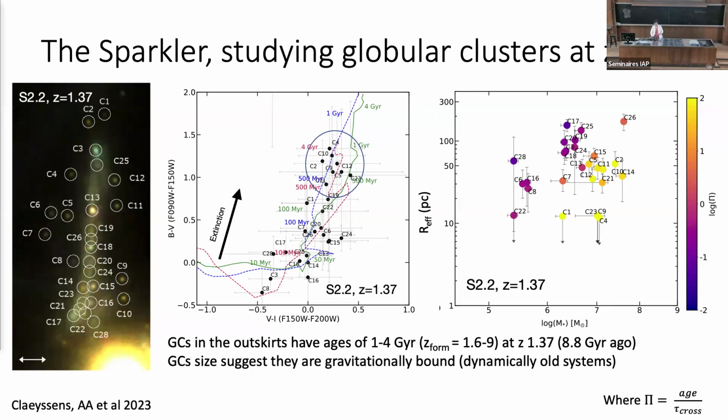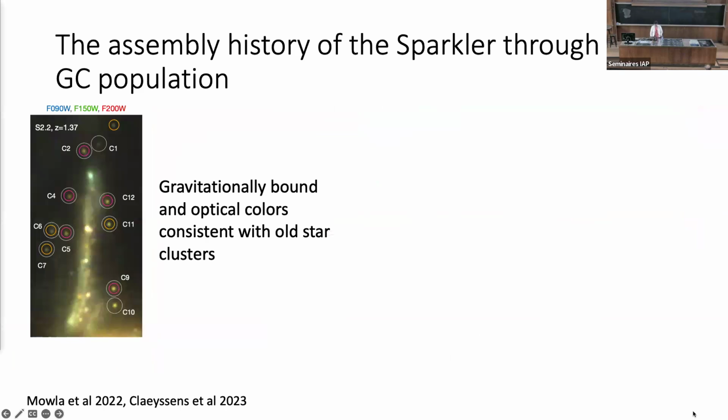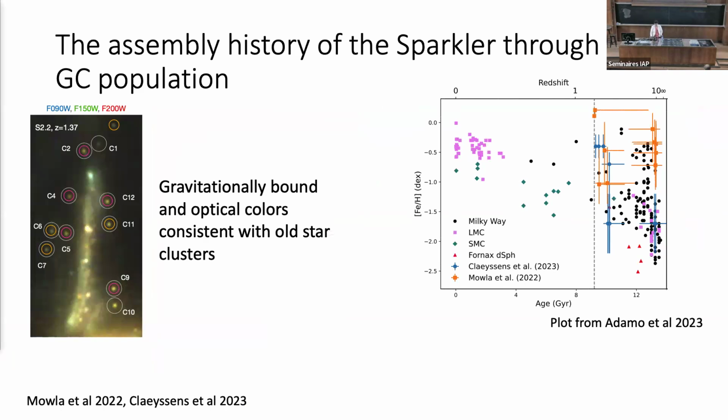If ages are higher than the crossing time, we know the stars are staying bound in the star cluster. So we know that we were looking at a gravitationally bound cluster, but in the literature there were different results. From the analysis we put out, we found this blue distribution of dots, while another work suggested that they were old and metal-rich.